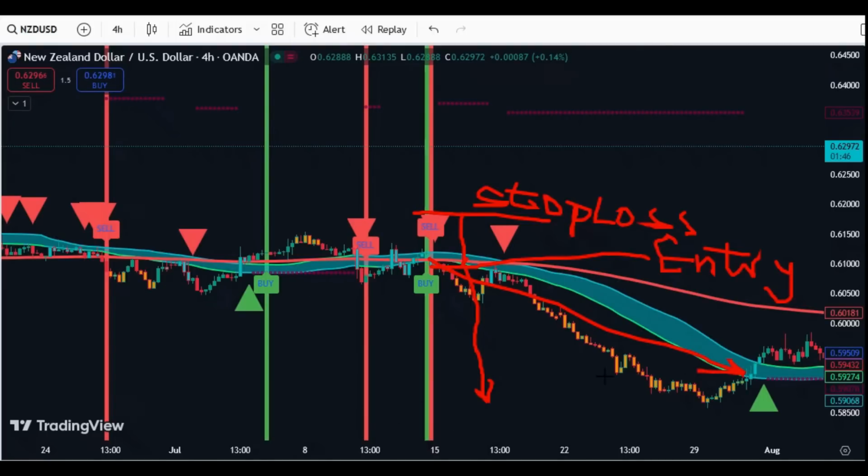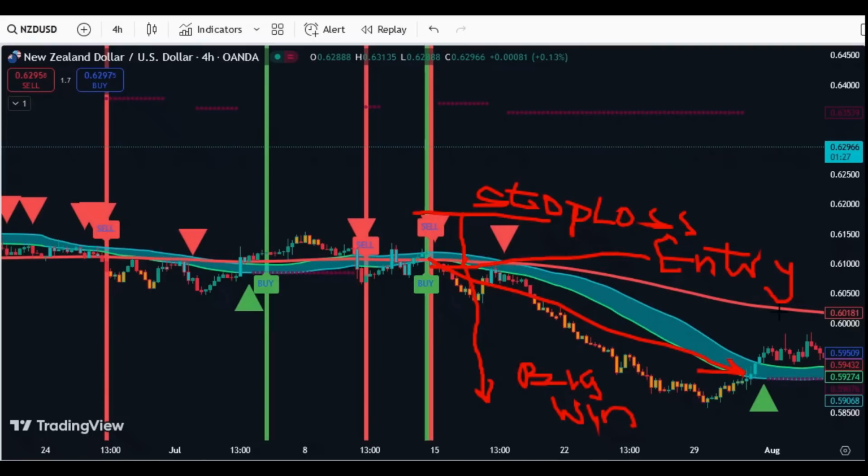But when you win, as you see the position of the take profit, you are going to win a big amount from the market. So this is how you'll be able to maximize the profit potential in order to counter the little downside you will have from time to time.